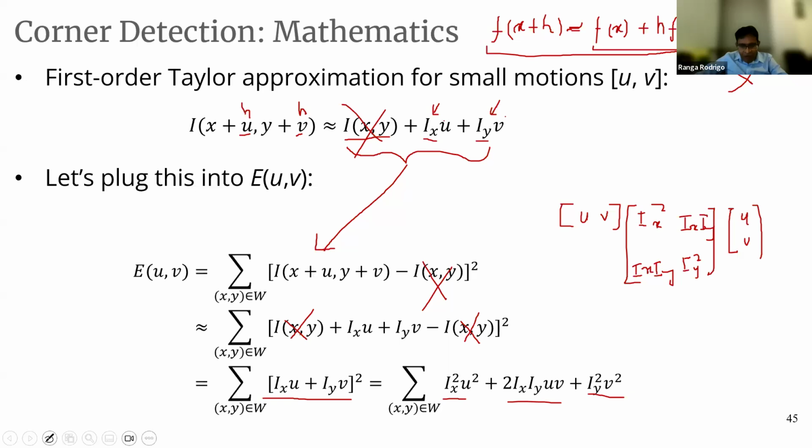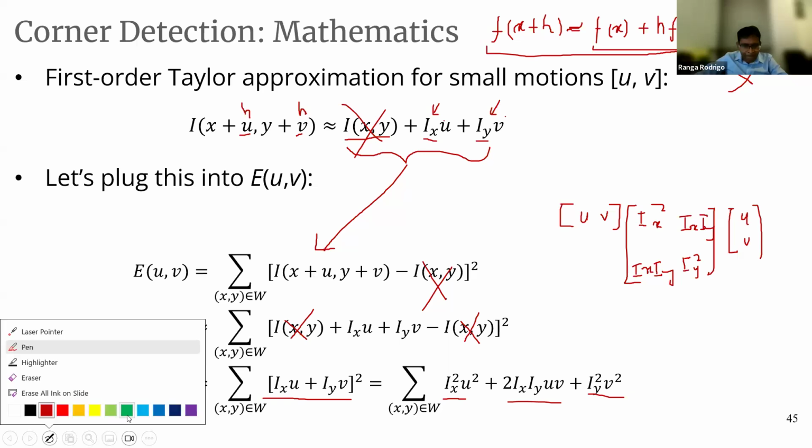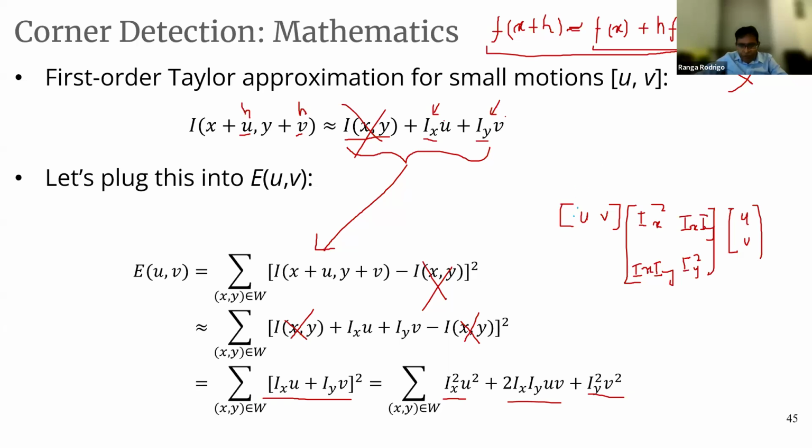For example, if you take u squared, this will multiply with this one, that one will multiply with u, right? So you can see Ix squared is the multiplier of u squared. So this is the matrix representation of that. But remember, there is this summation over x, y in window W that I forgot to write here.